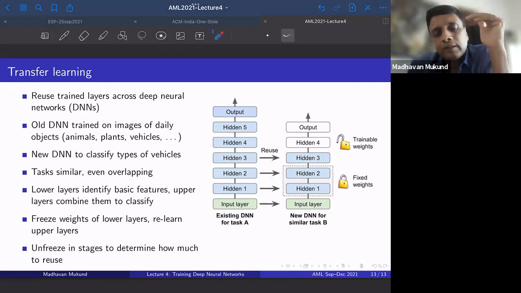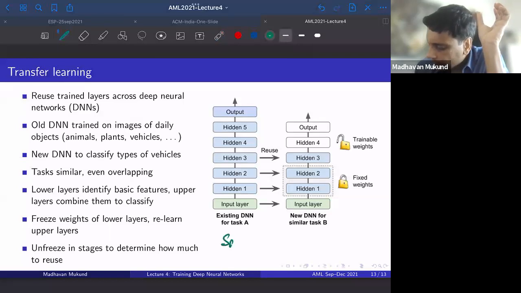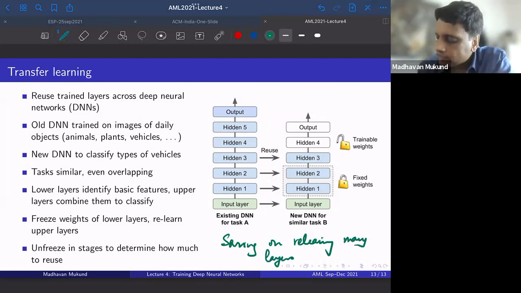So you keep allowing yourself to learn more and more layers from the top until you decide that, okay, now I have a compromise where the lower part is the old parameters and the upper part is the new parameters. So the real saving is that you are saving on relearning many layers. So that's the idea of this transfer, right? You're transferring your learning from one domain to another domain.